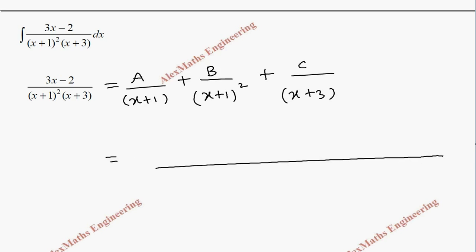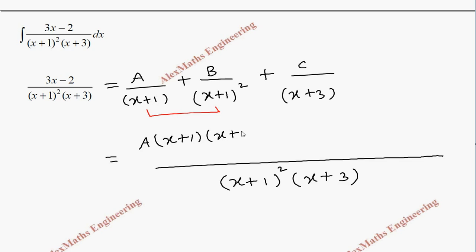Now we are going to take the LCM. The LCM is nothing but the highest power between these, which is (x plus 1) whole square into (x plus 3). So a will be multiplied by the LCM, so x plus 1 and the square gets cancelled, and the remaining will be only x plus 1 and x plus 3.